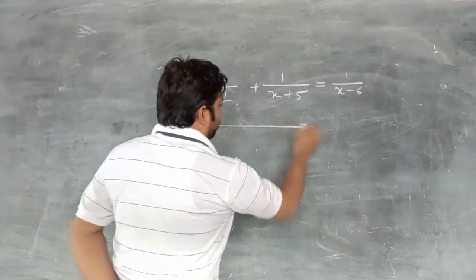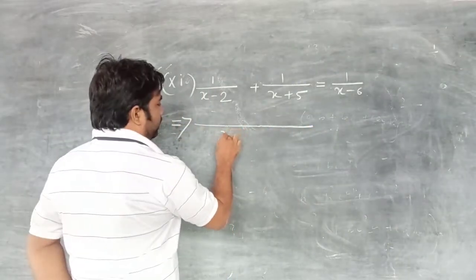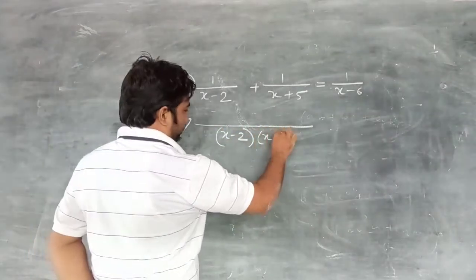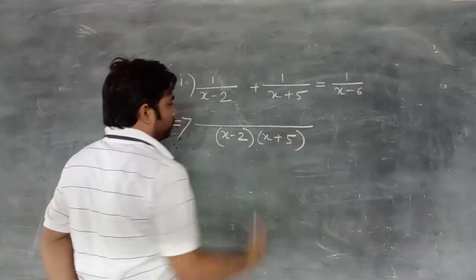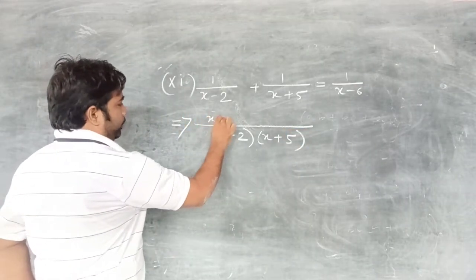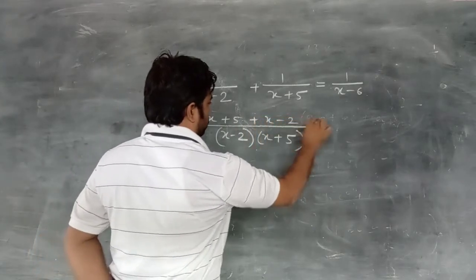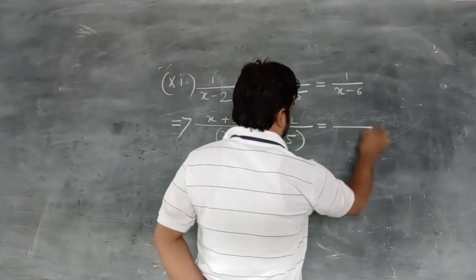So let us take the cross multiplication. LCM first. This is x minus 2, x plus 5, x plus 5 plus x minus 2 equal to 1 by x minus 6.